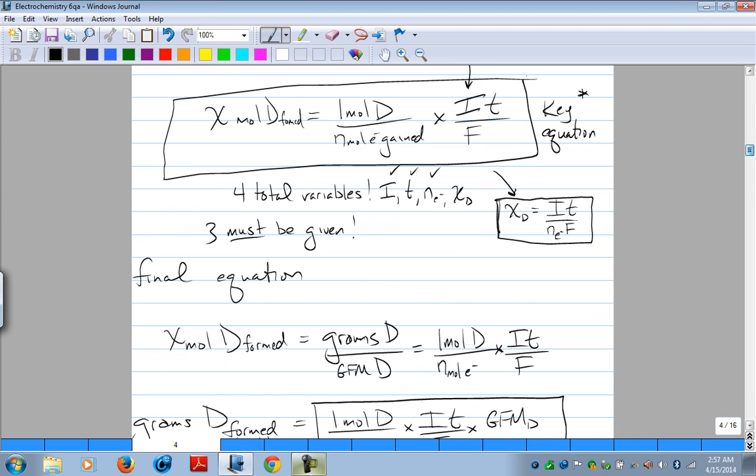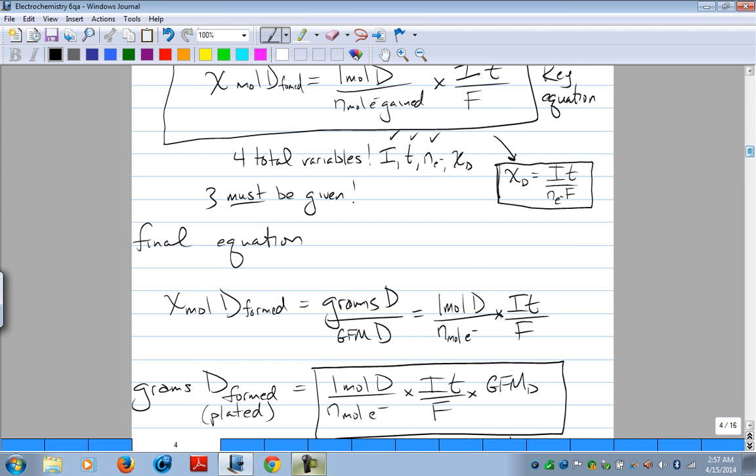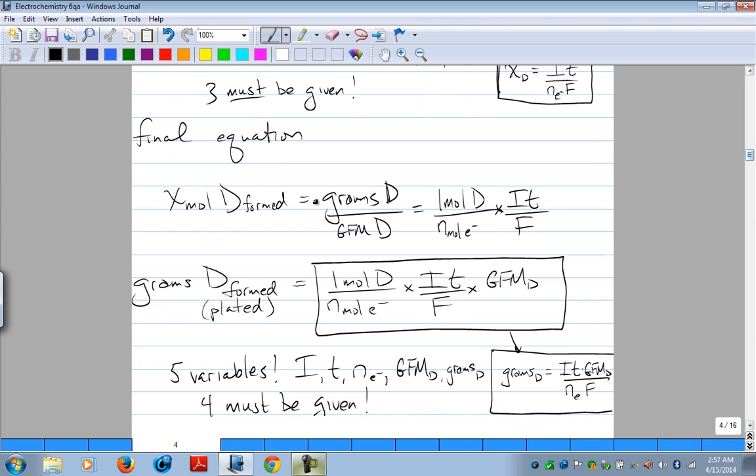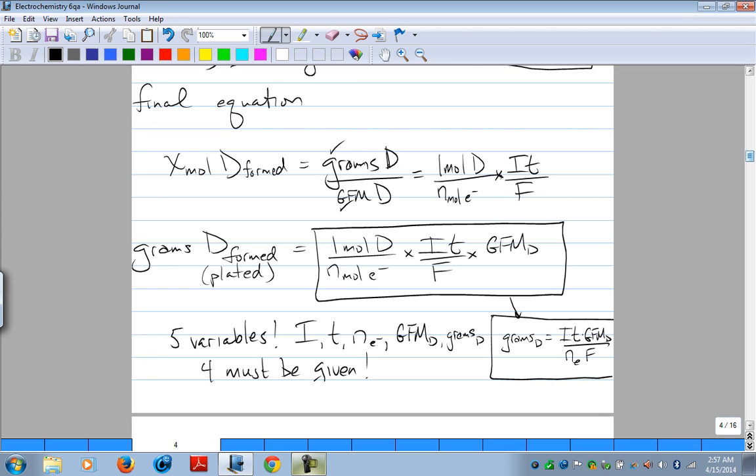One more possible formula, which just relates moles to grams. We define moles of D formed as the grams of D formed divided by the molar mass of D, or the gram formula mass of D. And so substituting these 2 variables for the one variable, x moles of D, we have a slightly longer formula for which we could solve for grams of D formed or plated on wherever at the cathode of the electrolytic cell.